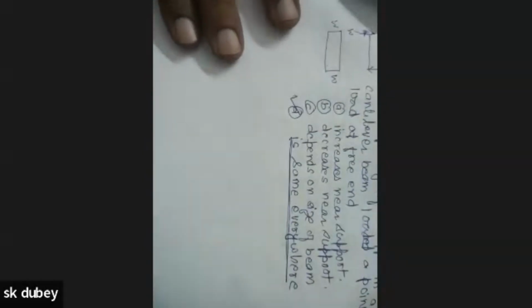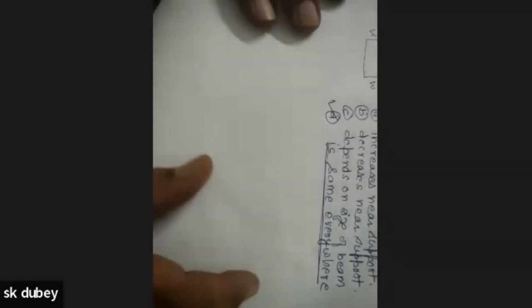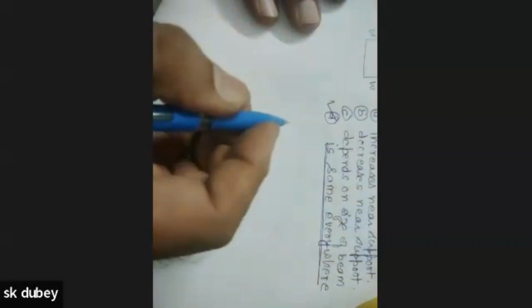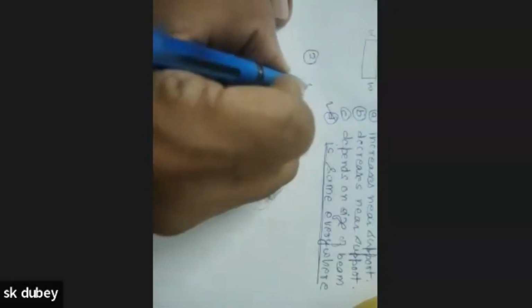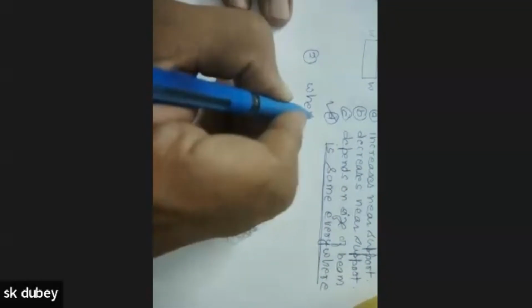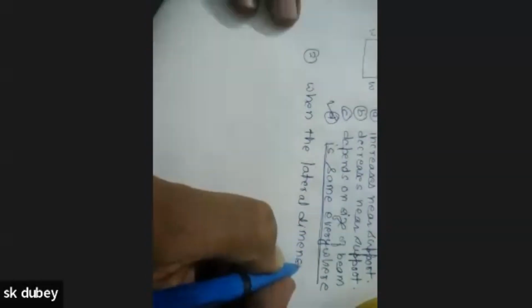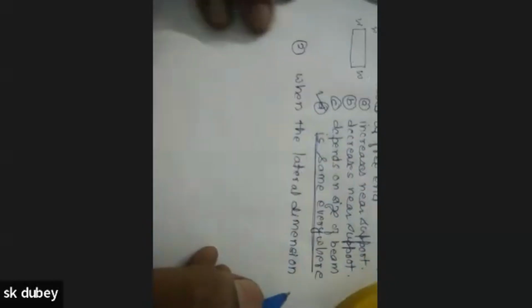Now, one more popular question about the column, asked so many times, that I will discuss. When the lateral dimension, there are two dimensions for the column.